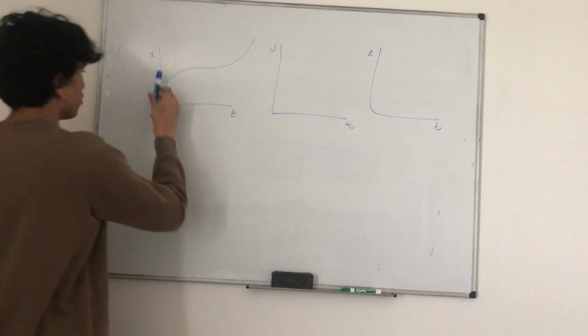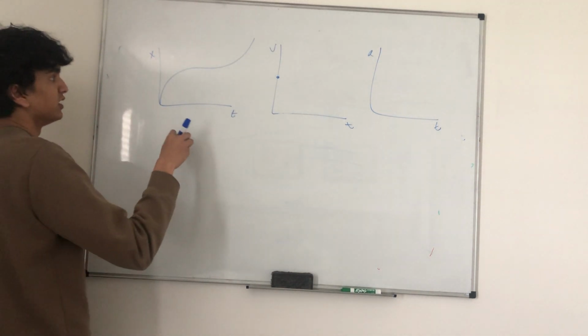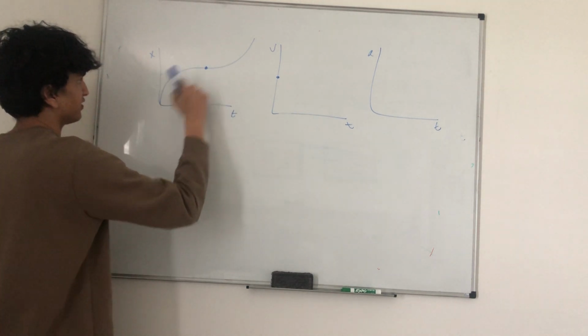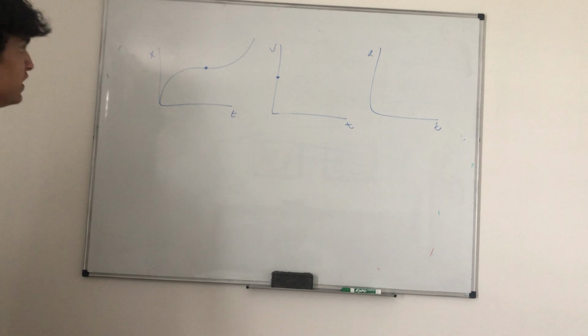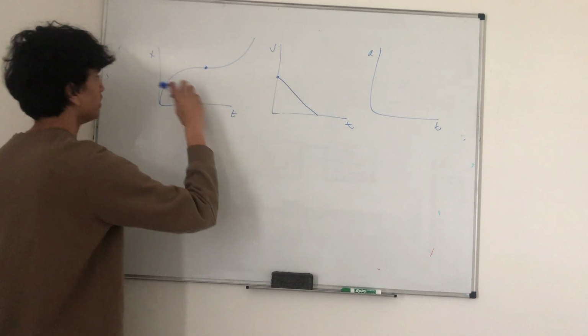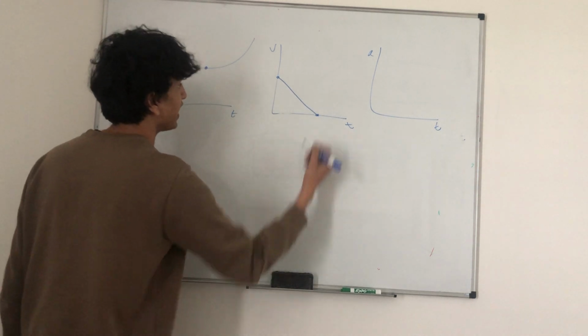Initially, the slope is high, so it is a high velocity. And then we can see, and we'll assume it's quadratic from this point, concave up, that it's approaching 0. The slope approaches 0, so our v versus t must approach the t-axis.